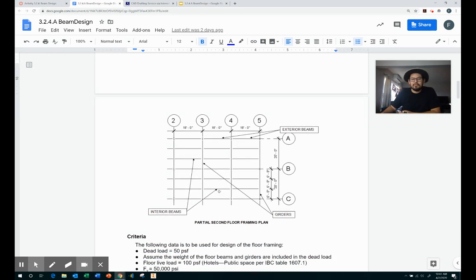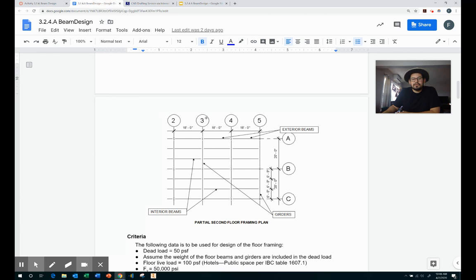So we have this floor plan here, a structural floor plan. And we notice that there's all these beams and these girders that are running vertically. The beams that are running horizontal, there are two conditions. There's what we call an interior beam, which is anything that's in here, and the exterior beams, which are the ones that are located on the outside edge of the building. Hopefully you already cued into the last lesson where we understood that the load on the exterior versus the interior beam is different because of their tributary widths.